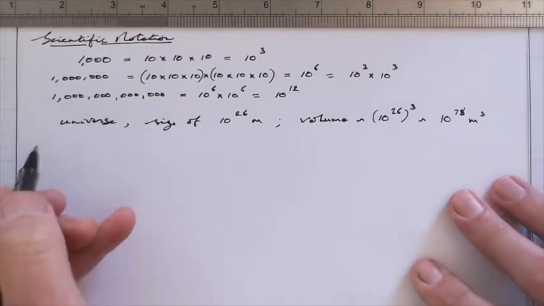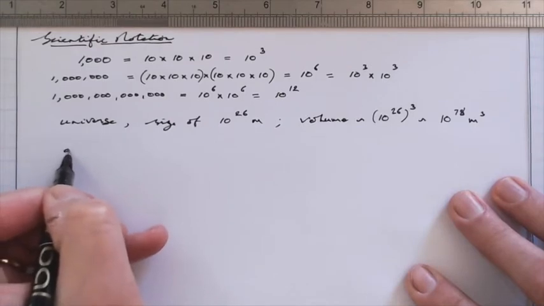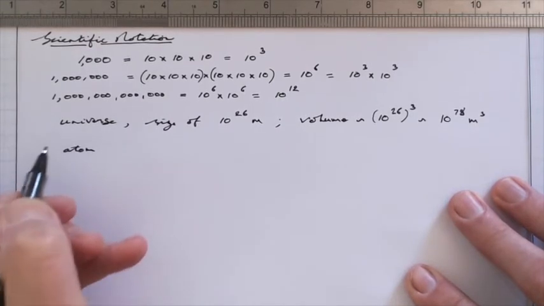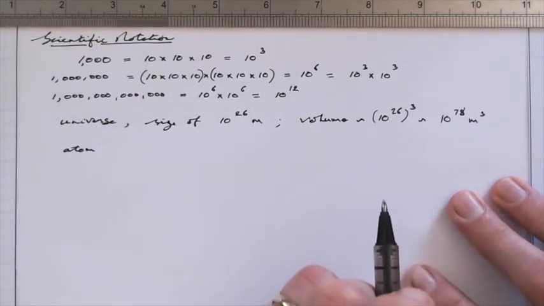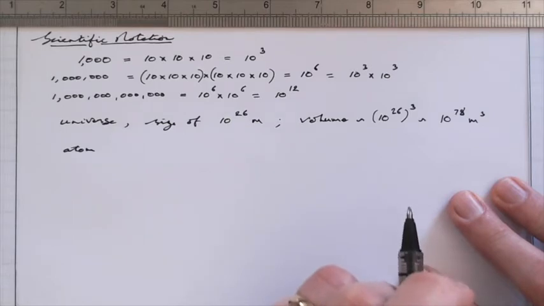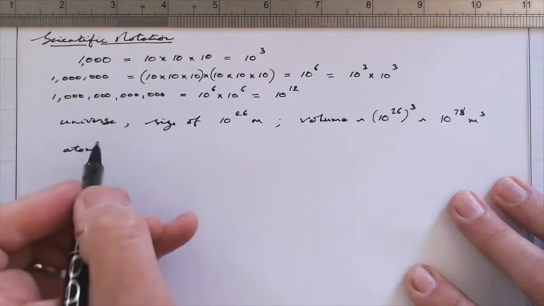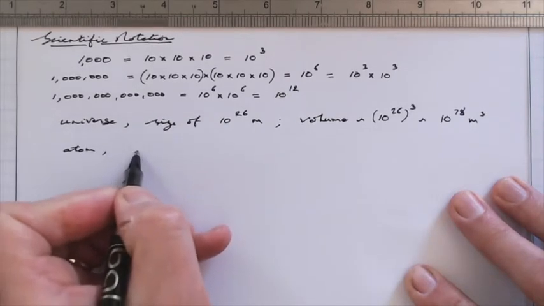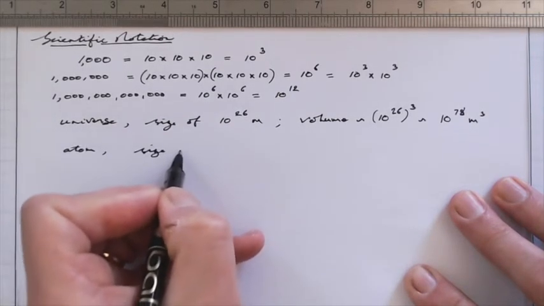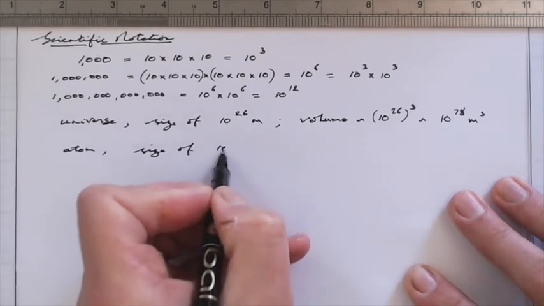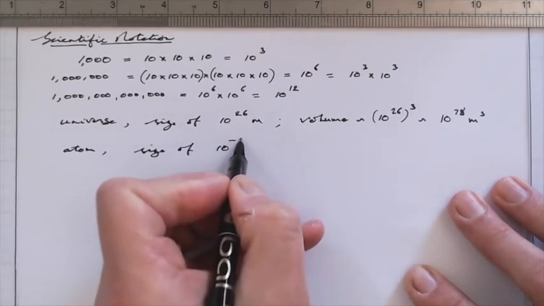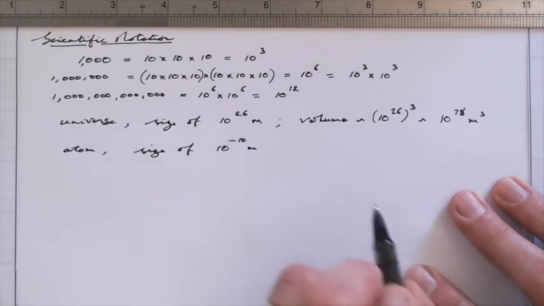What about something very small? Well, an atom is quite a small thing. An atom is 1/10,000 millionth of a meter. And again, we don't use that language. We would say an atom is 10 to the minus 10 meters.